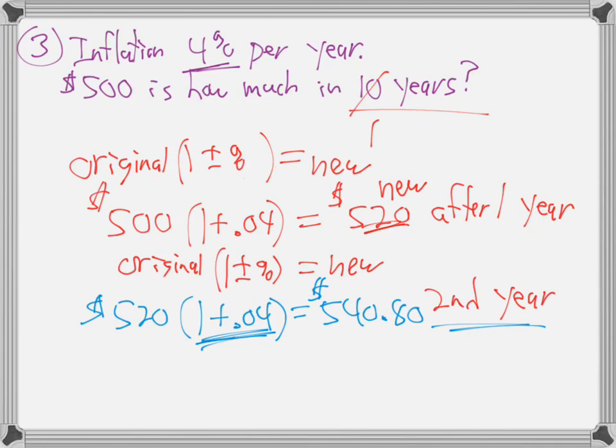Same thing. Is this add, subtract, multiply, divide? I multiplied by 1.04 a second time. Do you see what's happening? So I took the original 500, I multiplied by 1.04 once, I multiplied by 1.04 again.